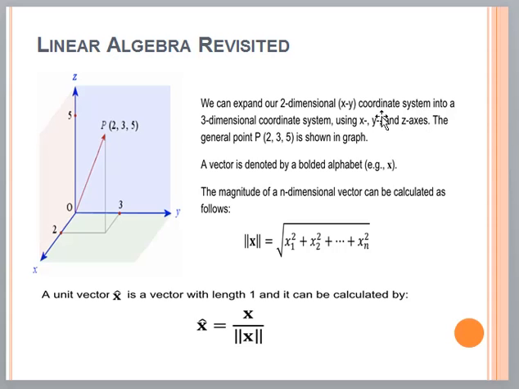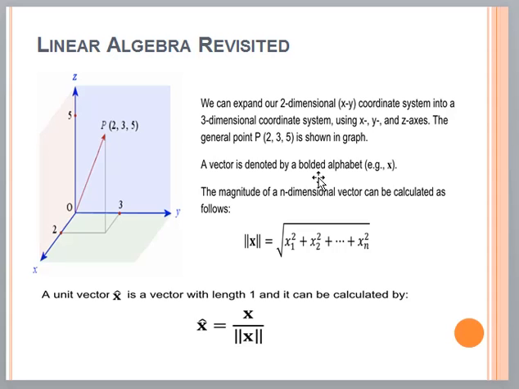The general point P can be represented as (2, 3, 5) and can be shown in the graph here. This point P has an x value of 2, a y value of 3 and a z value of 5. So in a three-dimensional plane, this point will lie here, having the value (2, 3, 5), right?